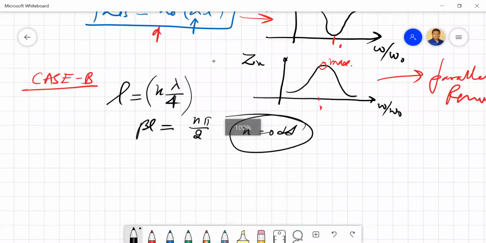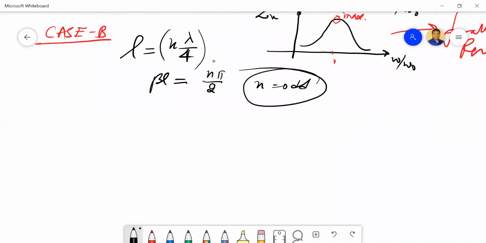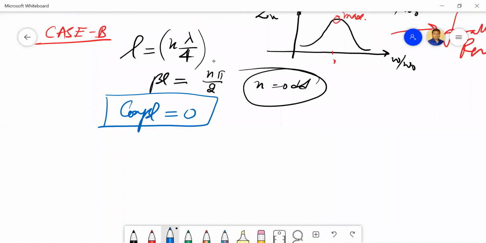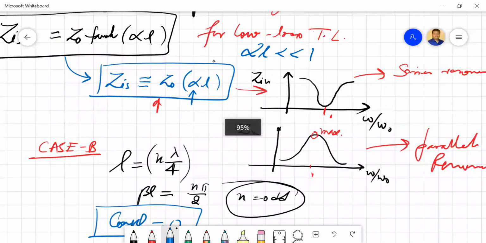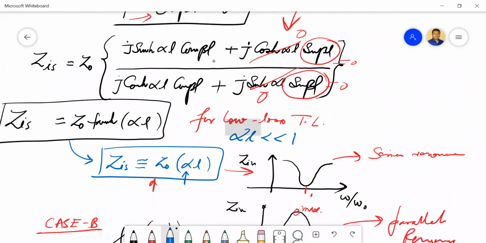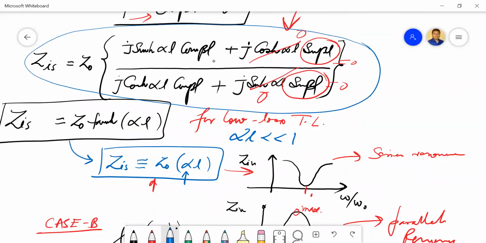Fine. So now if you calculate cos(βL), it will come as 0. Now what you need to do is recall that expansion. This expansion you are supposed to reuse, correct?